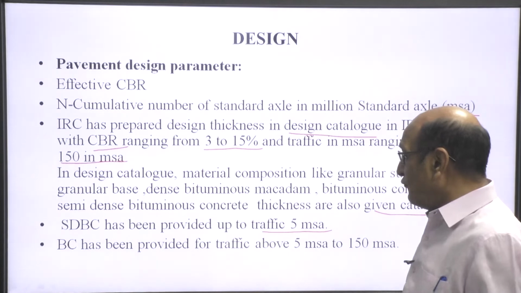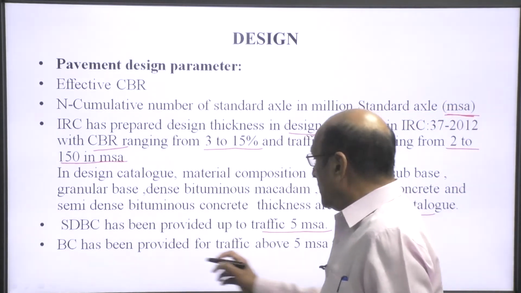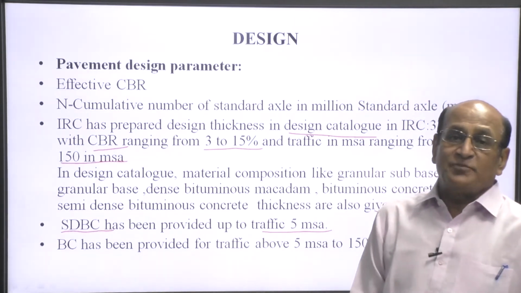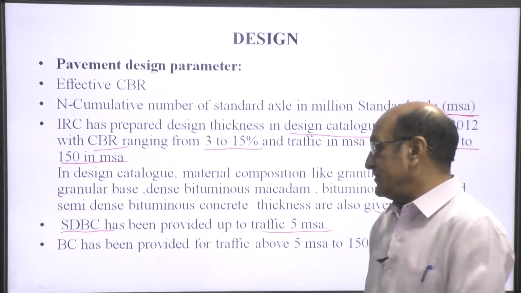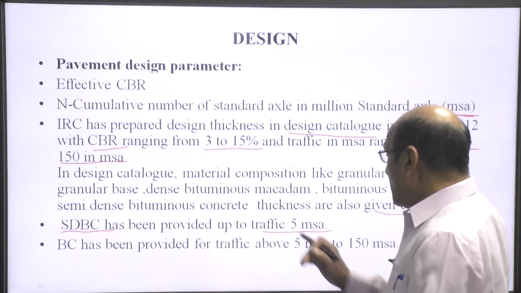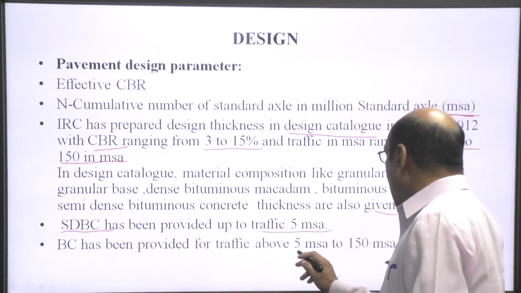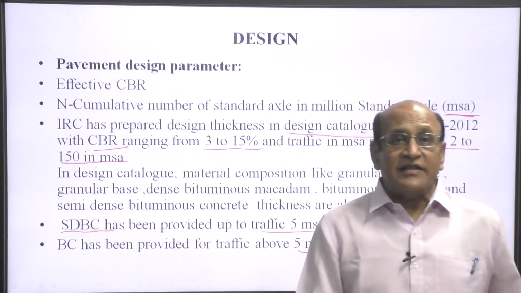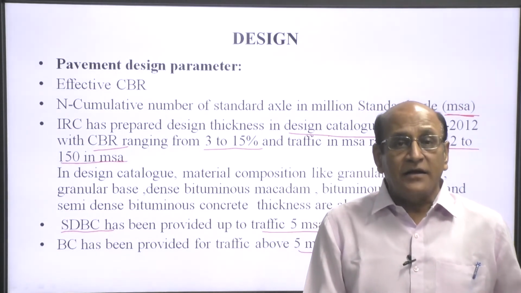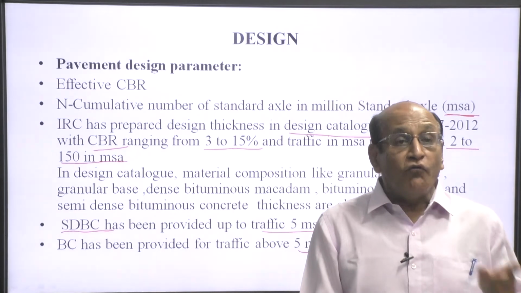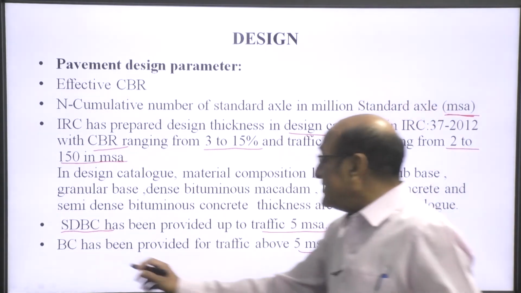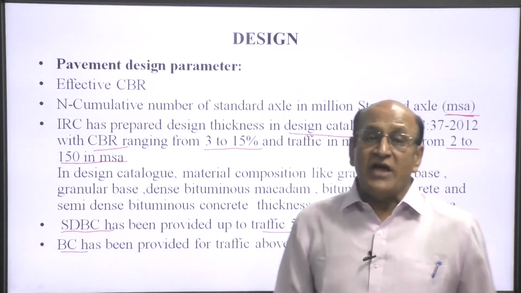In that case, we can use SDBC, semi dense bituminous concrete, as a wearing surface. BC has been provided for traffic 5 MSA to 150 MSA. If the traffic lies between 5 MSA to 150 MSA, then we have to choose BC, bituminous concrete, as a wearing surface.